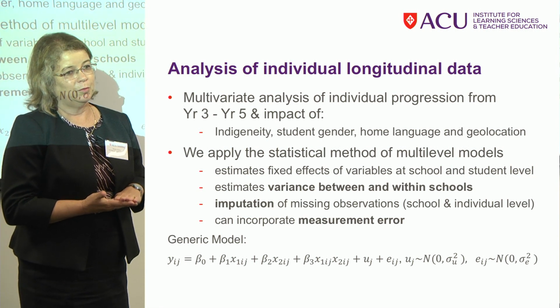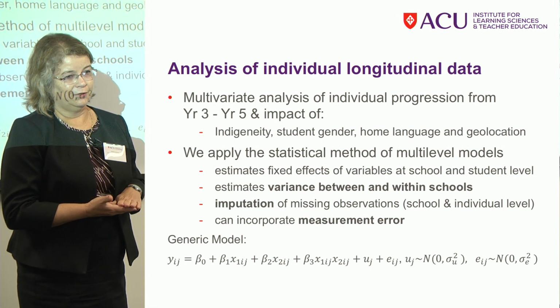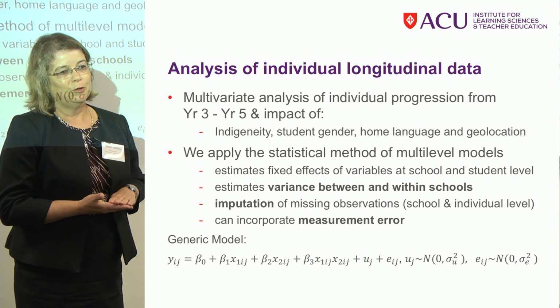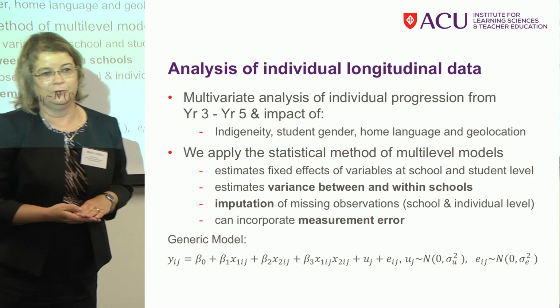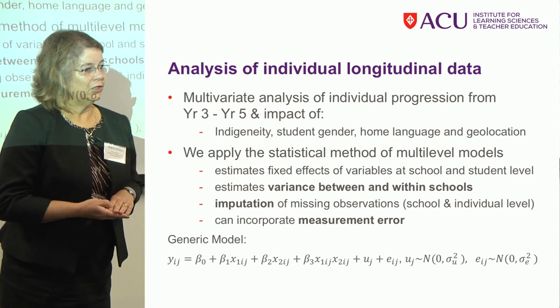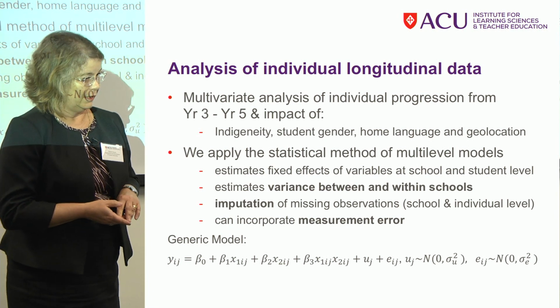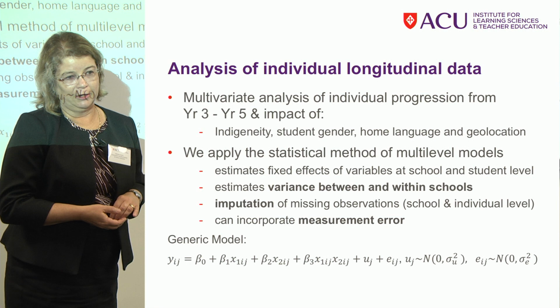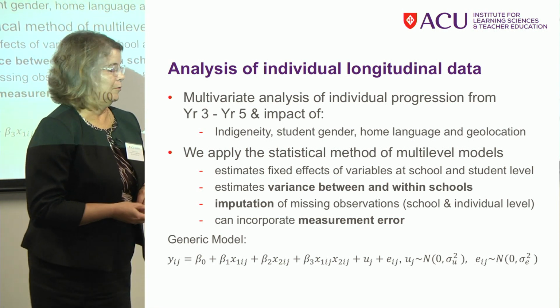We're at least able to partition out the variation due to the differences in schools, and so that we can then better estimate the effects of factors or variables associated with the child, such as their family circumstances, education of their parents, where they live, and that type of thing.